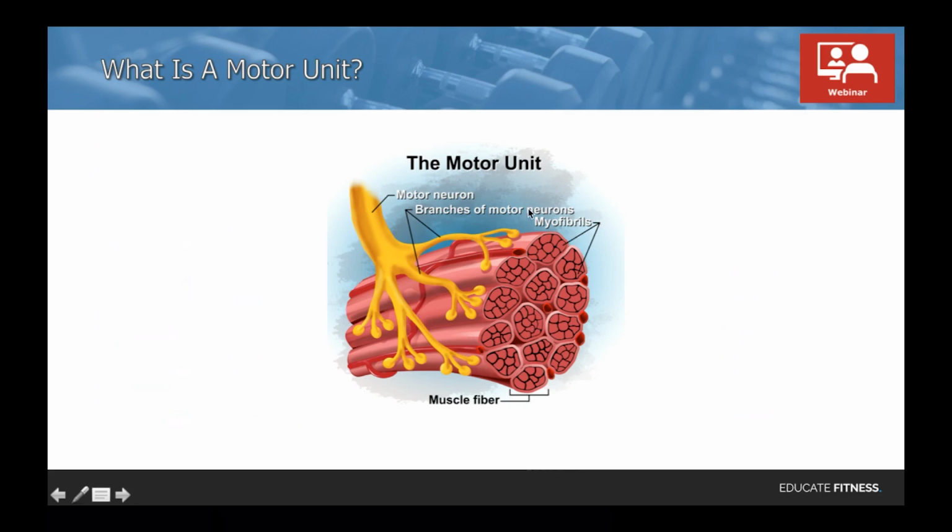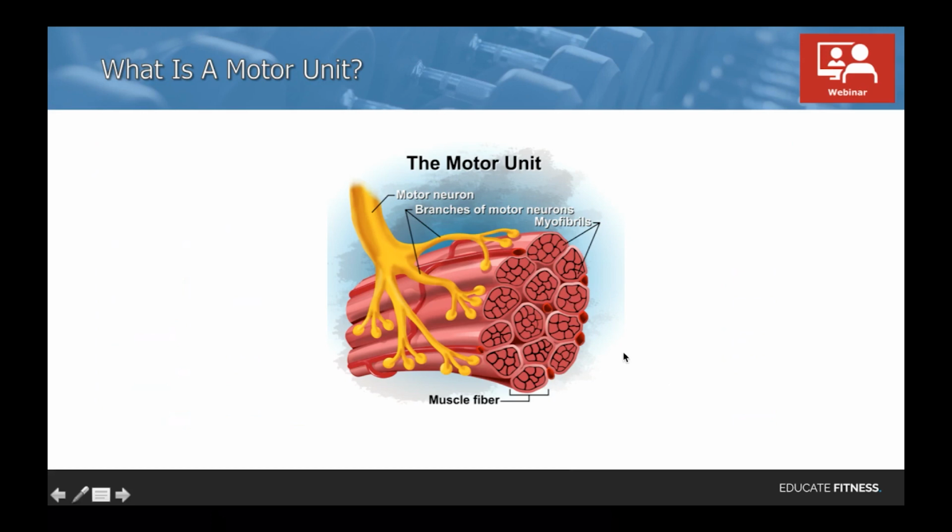Out of the main muscle fibers, you have 1, 2, 3, 4, 5, 6, 7, 8, 9, 10, 11, 12, 13 muscle fibers in this particular diagram. And remember, muscle fibers are made up of bundles of myofibrils. So these 13 muscle fibers are made up of bundles of these myofibrils, and there are about 10 myofibrils per bundle.